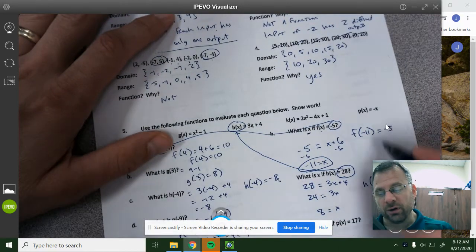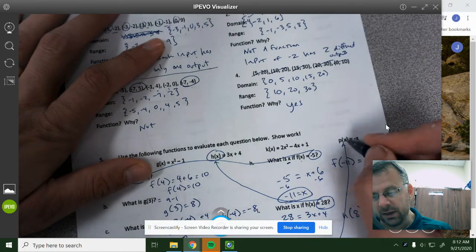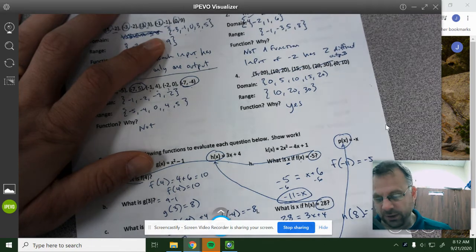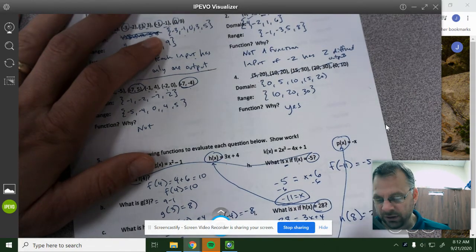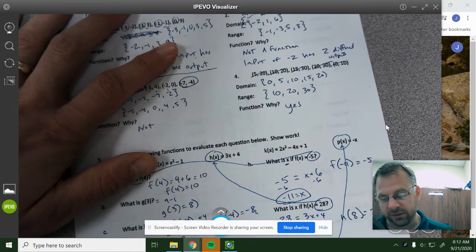What is the input when the output in the p function is 17? I'll put 17 in for p of x. 17 equals negative x. So I guess if negative x is positive 17, then positive x is negative 17. So p of negative 17 is equal to positive 17.